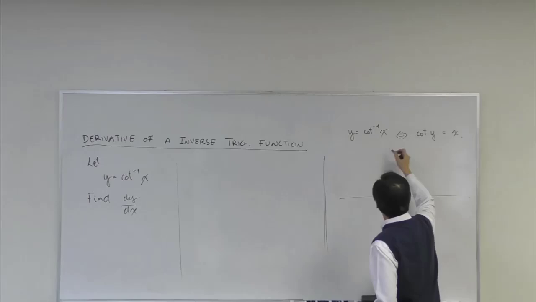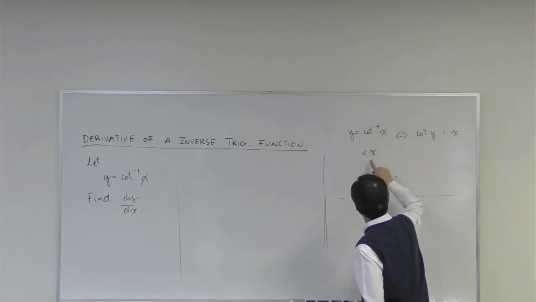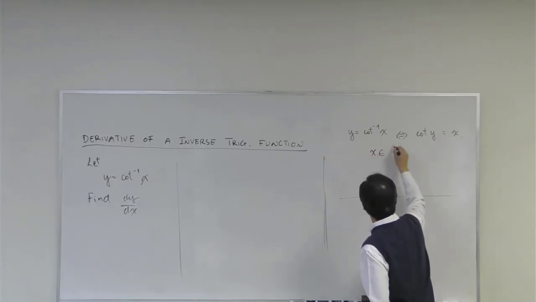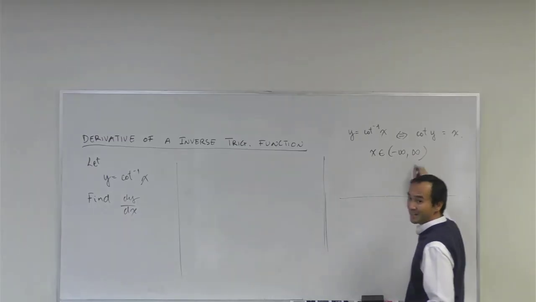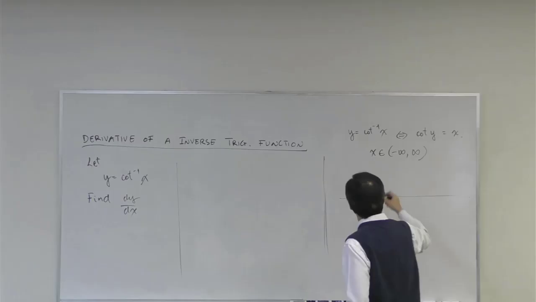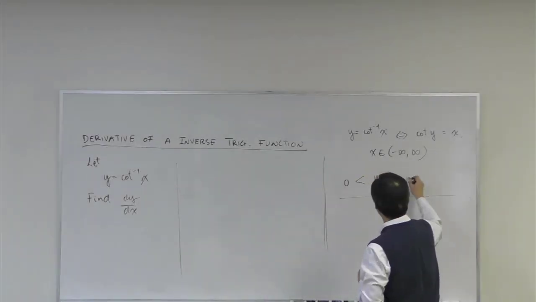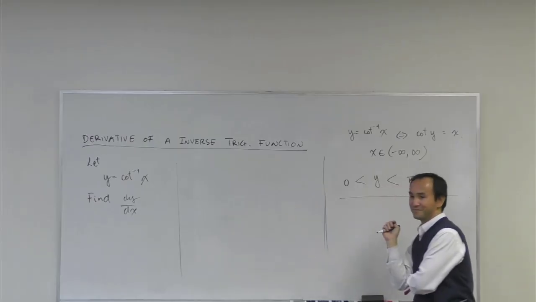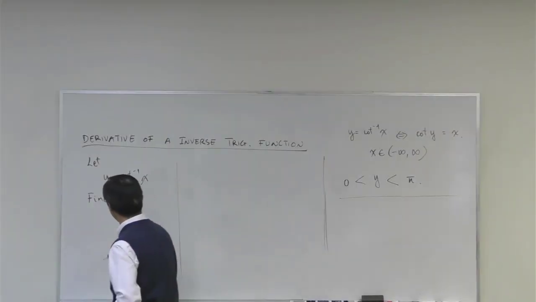And the input x for cotangent inverse goes anywhere from minus infinity to infinity. It's a large interval, the entire real value interval. The output goes strictly between 0 and pi. So now we're going to get into finding the derivative here.